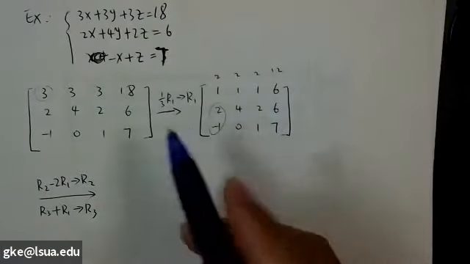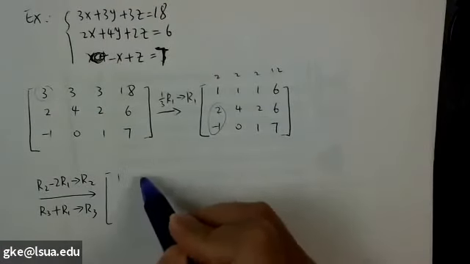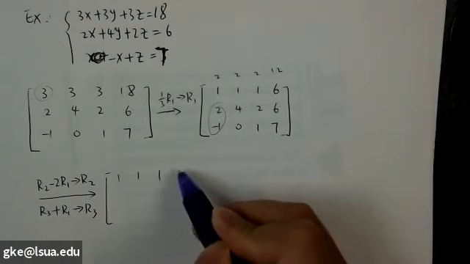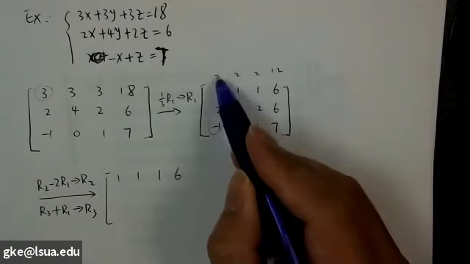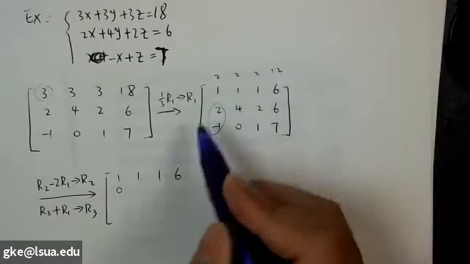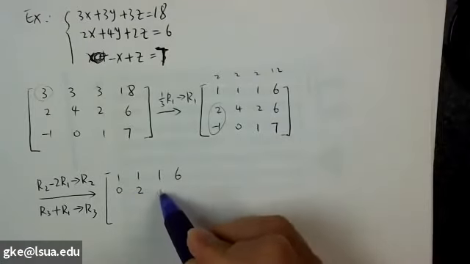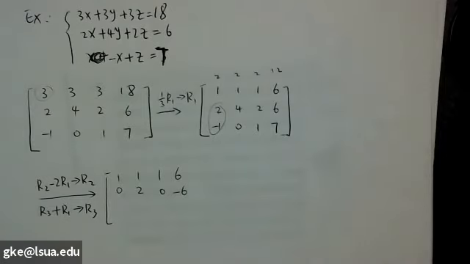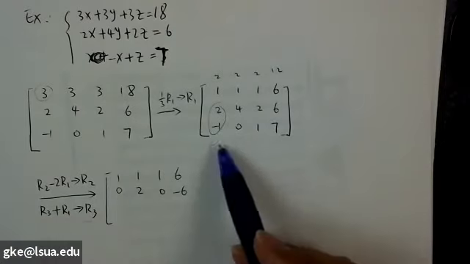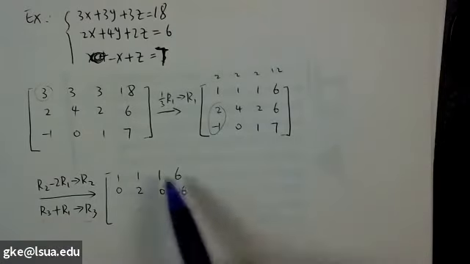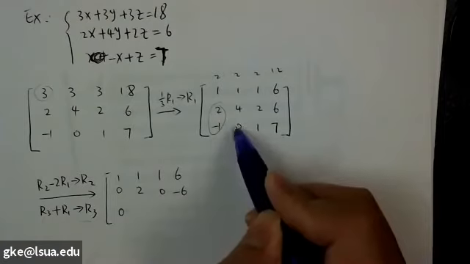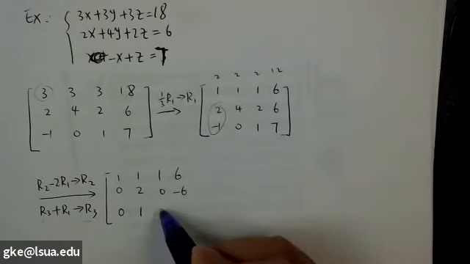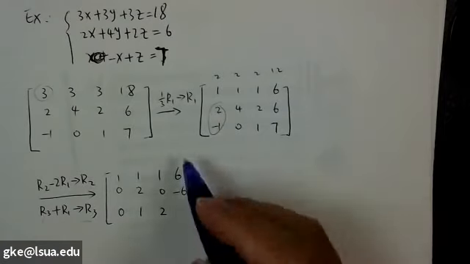So we're gonna do the subtraction for the second row. 2 subtract 2, 0. 4 subtract 2, 0, 6, negative 6. Okay, that's the second step. And for the third row, gonna be addition. Negative 1, 0, 1, 2, 3.